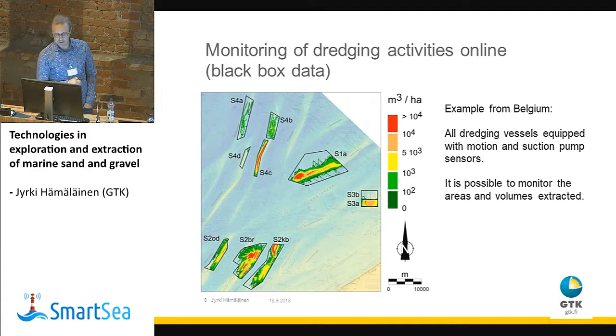And also the suction pumps can be equipped with sensors, and this data can be sent online to authorities so they can monitor almost online where the dredging vessels are moving and how much they are extracting. This is a so-called heat or intensity map of where the dredging has been taking place. You can also, of course, monitor that they are in the permitted places, so that they are not moving outside the areas.